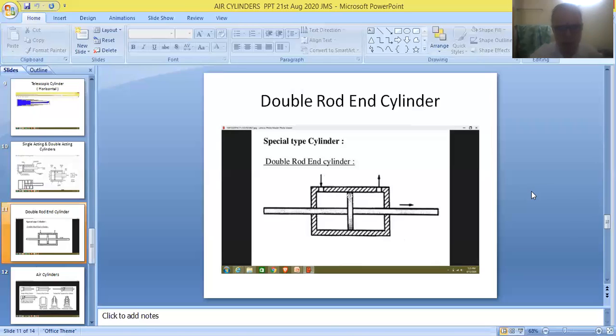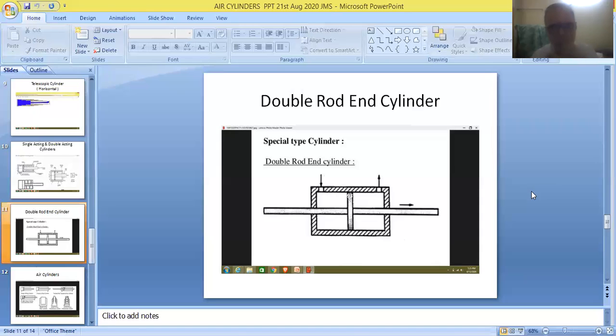Also, even otherwise, these two piston rods can be used for providing a certain amount of balancing of the piston that is moving inside the cylinder. So two piston rods will be providing more balancing of the piston that is arranged inside the cylinder.